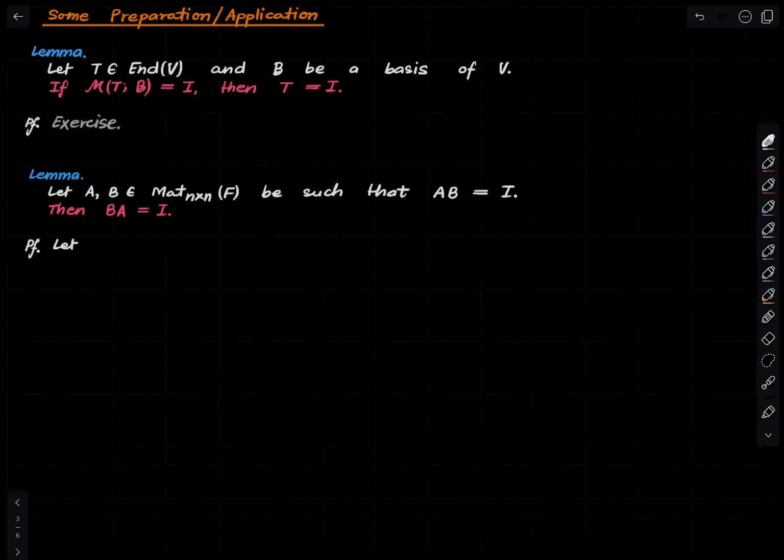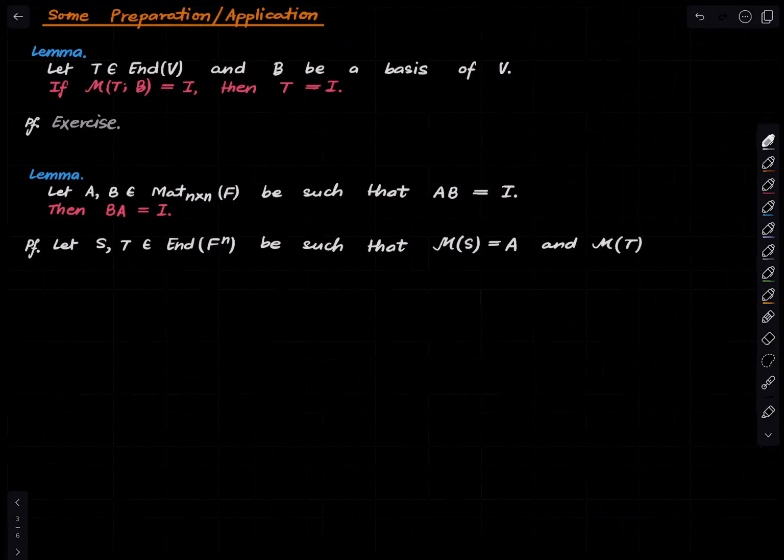Again, we will pick endomorphisms S and T on this coordinate space such that the matrix of S is A and the matrix of T is B. Here the matrices are with respect to the standard basis. We are given that A times B is identity, which is the same as the matrix of S times the matrix of T is identity.